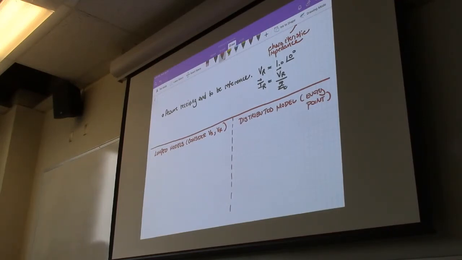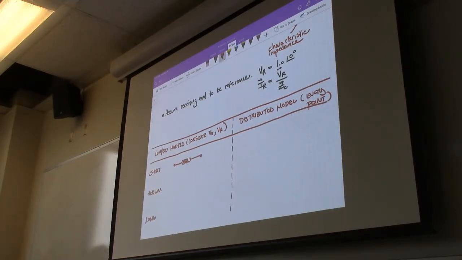So for lump models, we break those up into three different types. We have the short, the medium, and the long. For the short, consider the line impedance only.